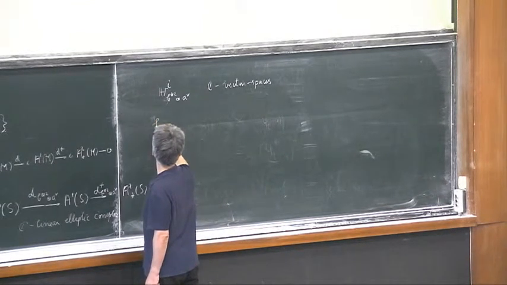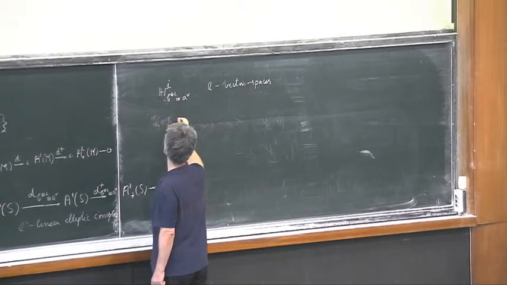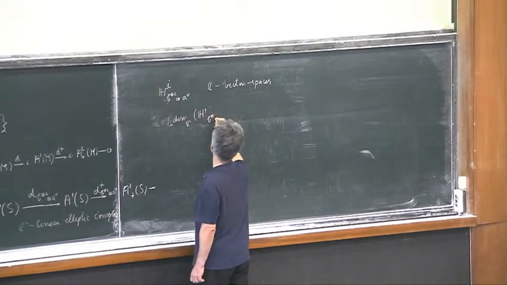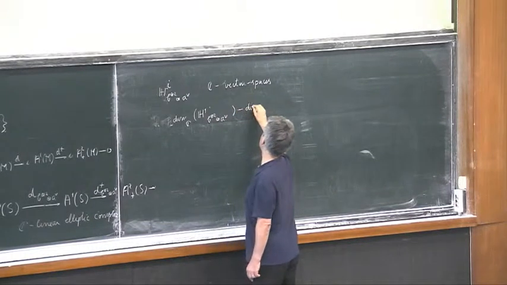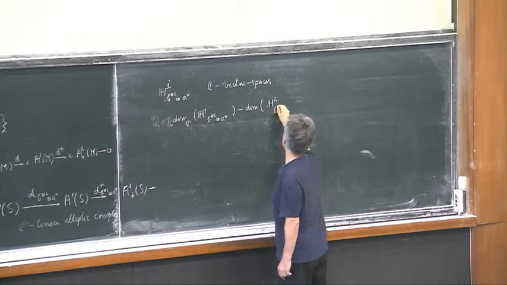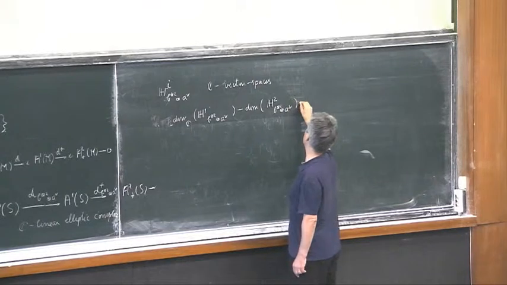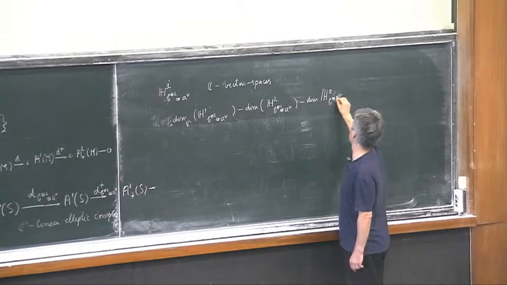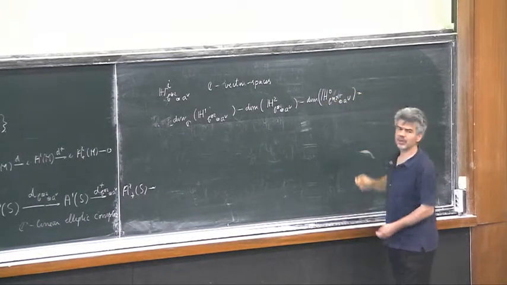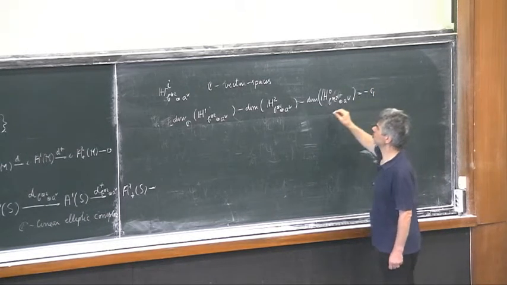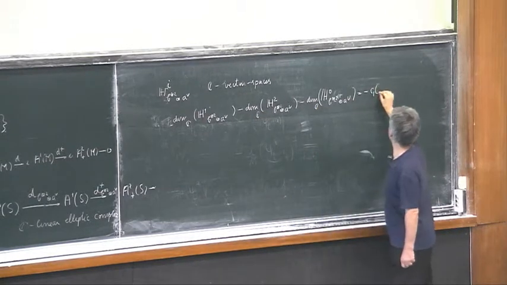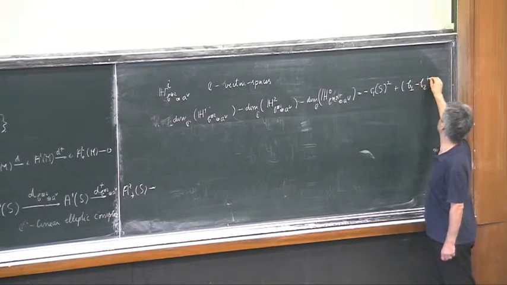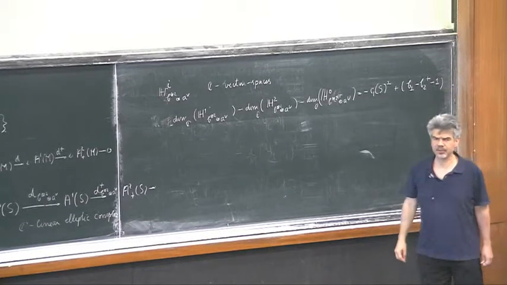So the dimension over C of H^1 of this B squared tensor A dual, minus dim of H^2 of B squared tensor A dual, minus dim of H^0 of B squared tensor A dual, can be computed easily, and the result is the following: minus c1(S) squared plus b1 minus b top plus, minus 1. So this is the result, the dimension over C.